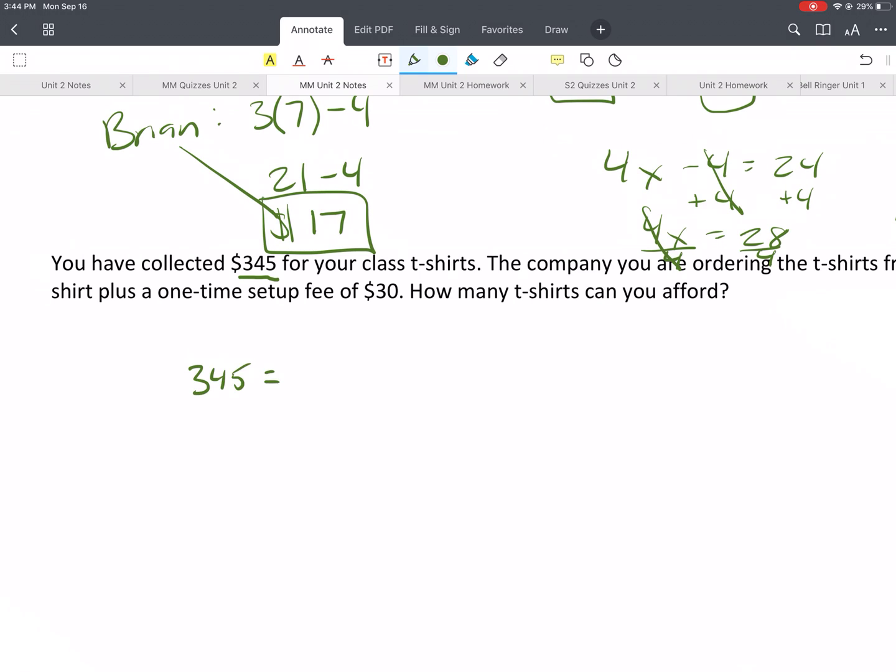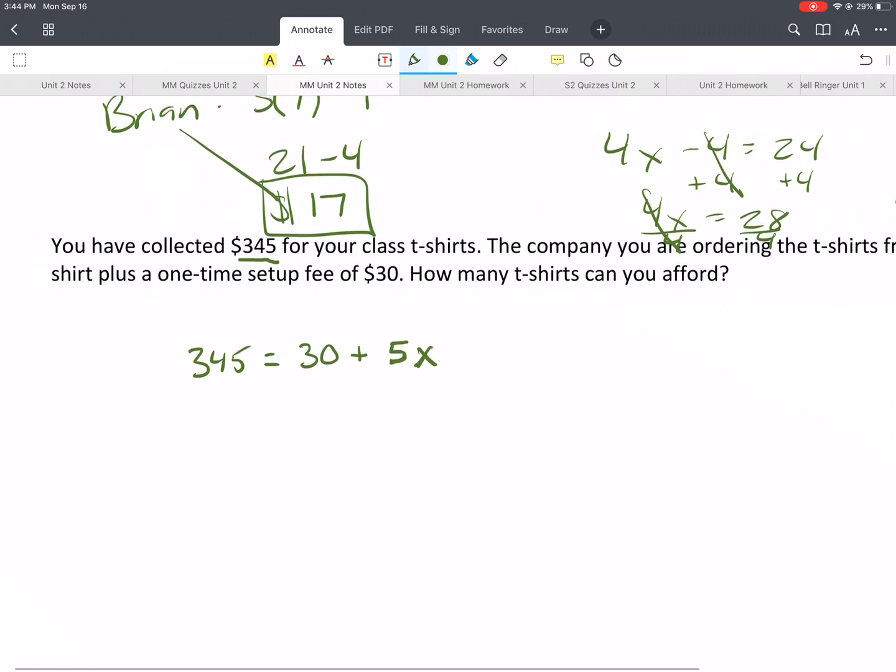And part of that has to be the setup fee, which is $30. And then the rest of the money is going to be for the t-shirts. And they said that they're $5 a t-shirt. So we'll call the number of t-shirts X. Okay? And how many t-shirts can we afford?